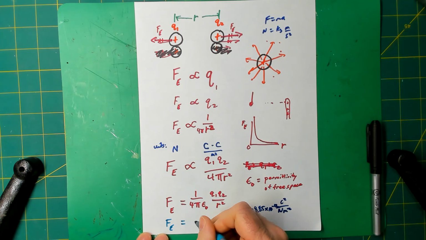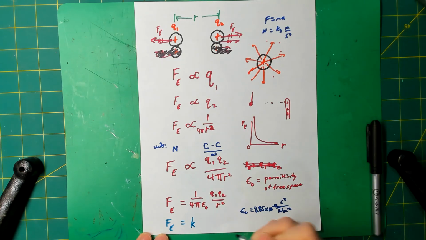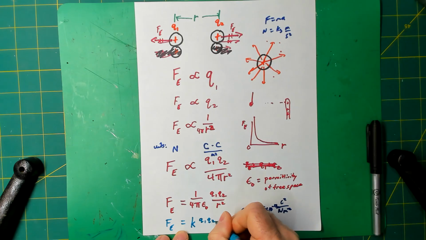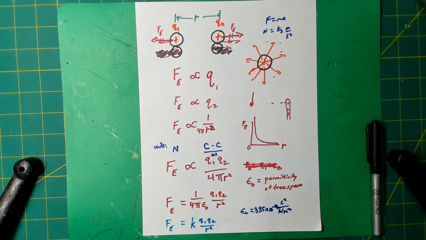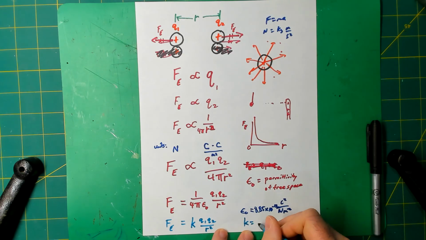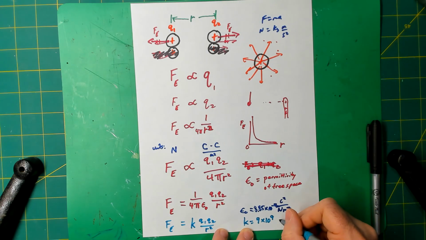We'll say electric force is k times q1 q2 over r squared, where if I took this 1 over 4 pi epsilon naught, the value for that k comes out to be almost exactly on the nose 9 times 10 to the 9 newton meters squared per coulomb squared.